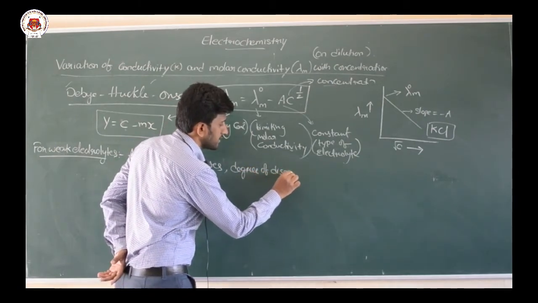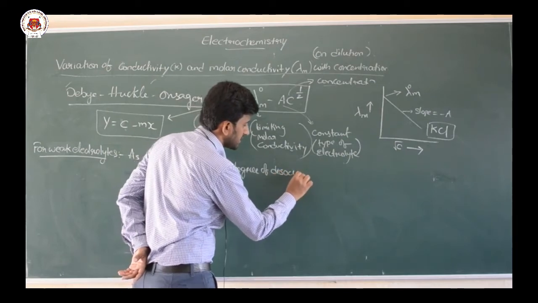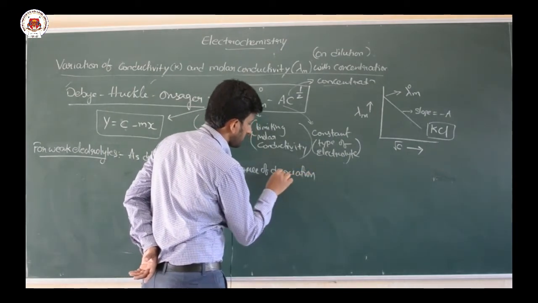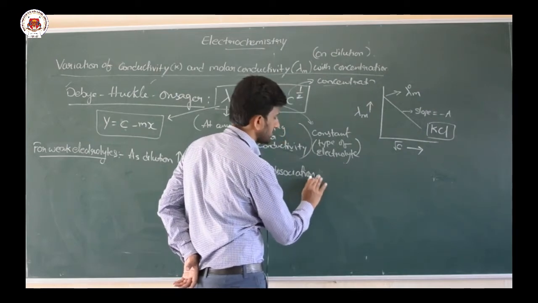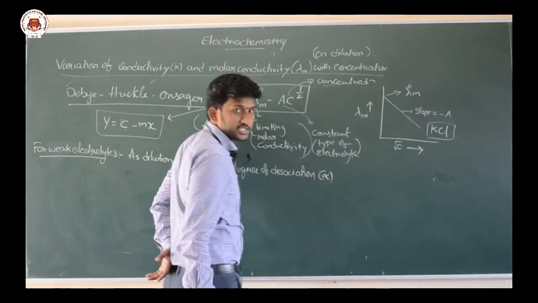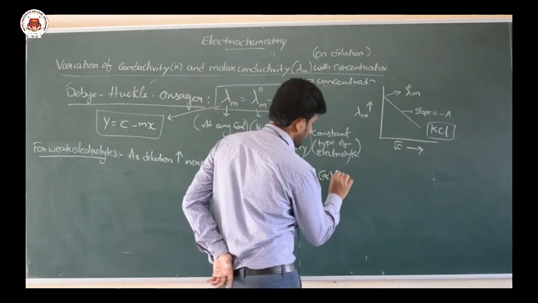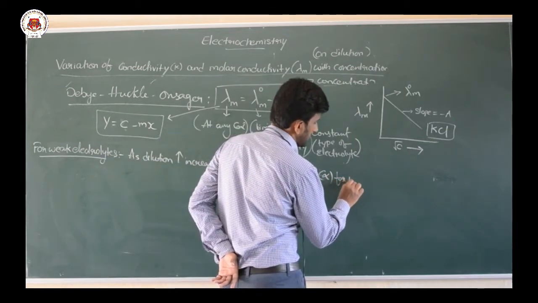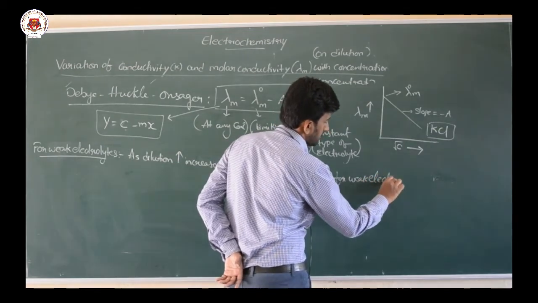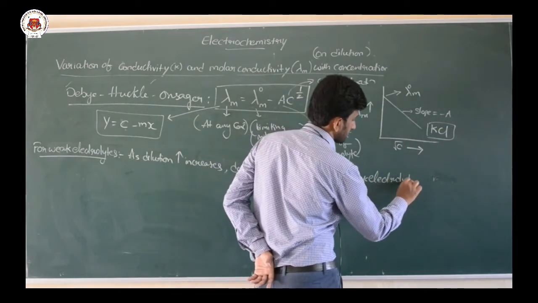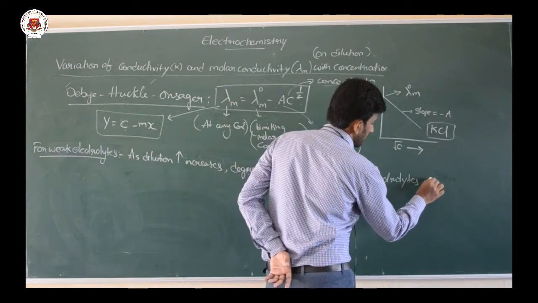The degree of dissociation means alpha. It is represented alpha. For weak electrolytes, it increases.